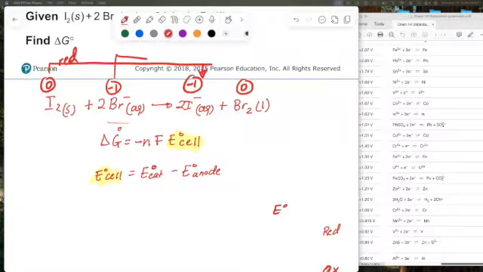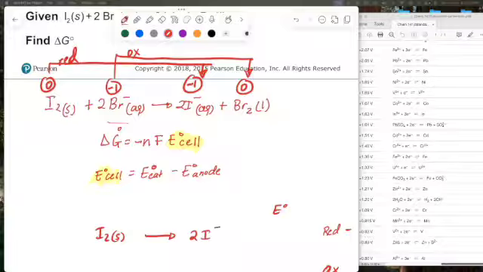From Br negative 1 to 0, that's becoming more positive, looks like an oxidation. So you see how I have reduction first? I'm going to write I2 solid yields 2I negative aq.